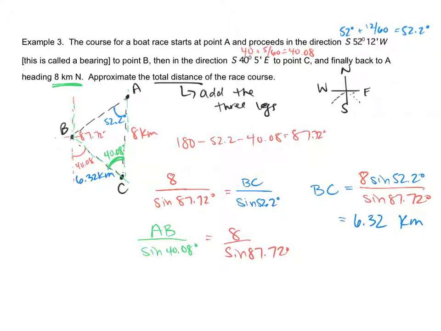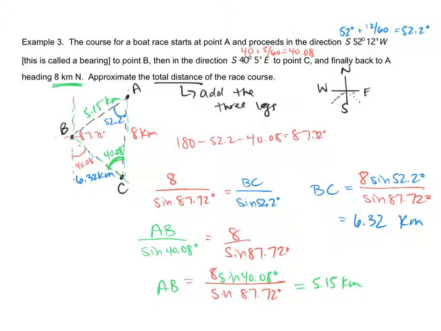Cross multiplying to solve for AB, we get that AB equals 8 times the sine of 40.08 degrees divided by the sine of 87.72 degrees, which when I put that into my calculator, I get that length is equal to 5.15 kilometers.